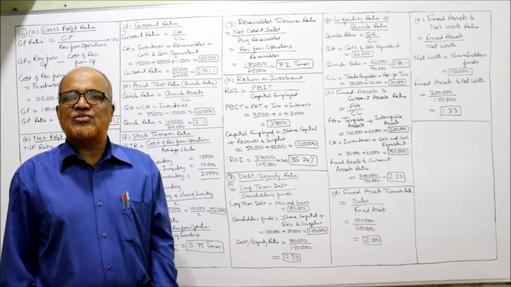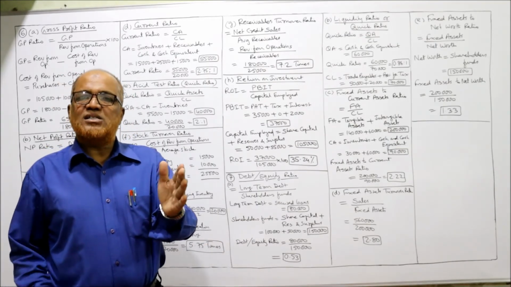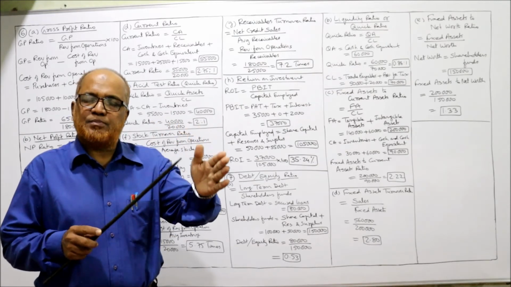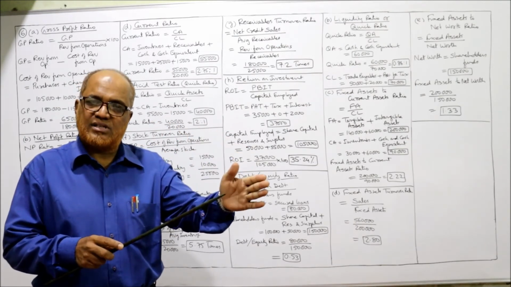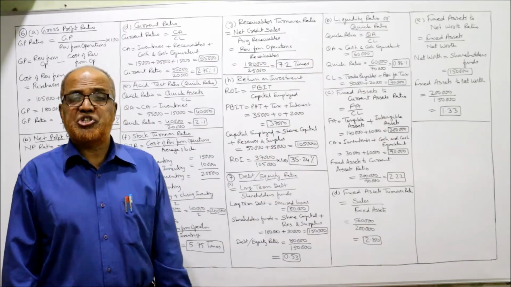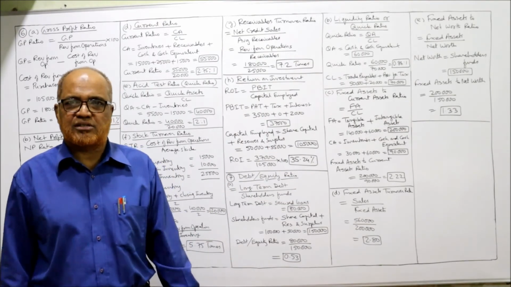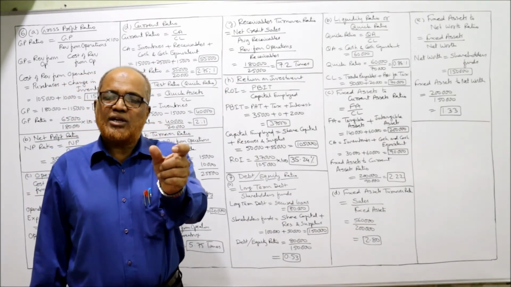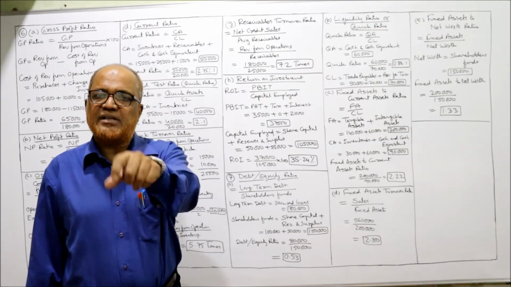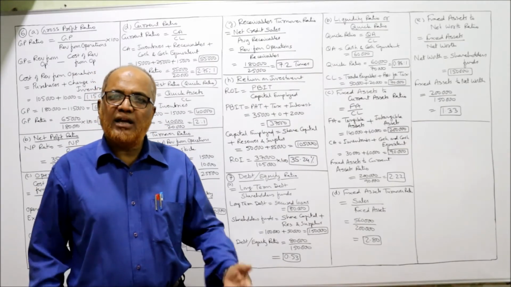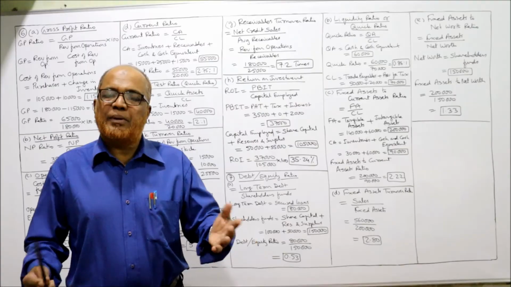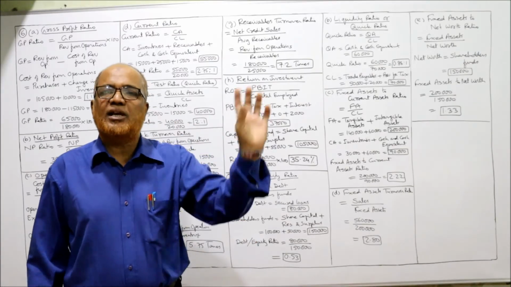Now shareholders fund. Shareholders fund consists of equity share capital plus preference share capital plus reserves and surplus minus fictitious assets. We don't have any fictitious assets or preference share capital; we are given only share capital.